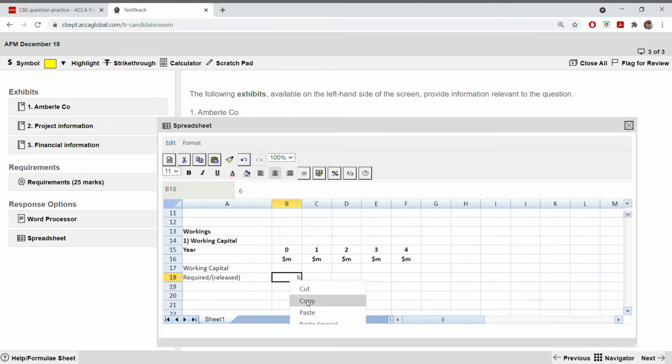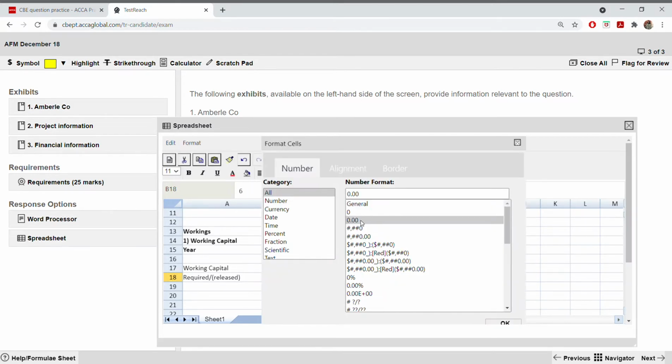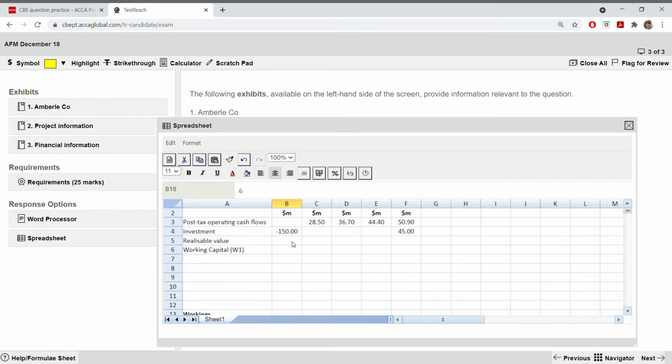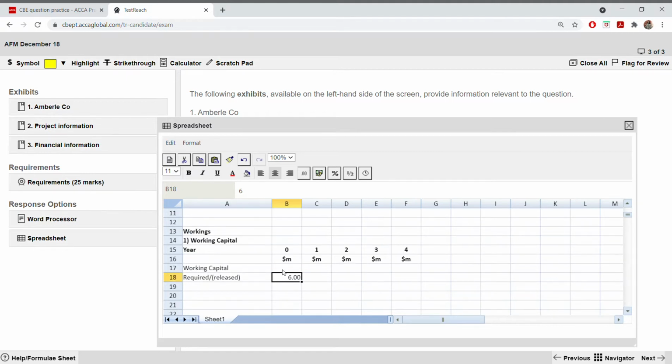If you cannot format from right click, you can go up here, format cells, and press this 0.00 and it will come. Make sure that you are taking 2 decimal places everywhere. Consistency has to be there. So here, since it is required, in year 0 I will put it with a plus sign. So in year 1 it will be 6.